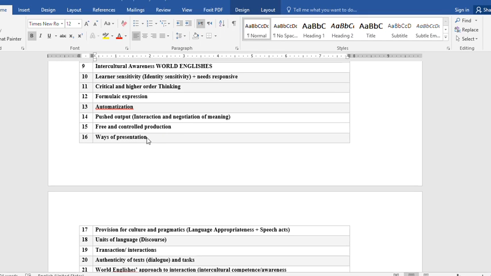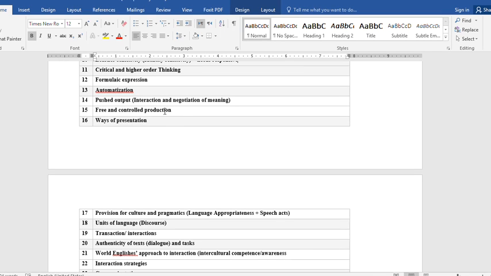Okay, I talked about pushed output, but we have two types: free and controlled production. When I am talking about pushed output, it doesn't mean that we should immediately force our students to be involved in language production, because it is demanding, it may not be possible.